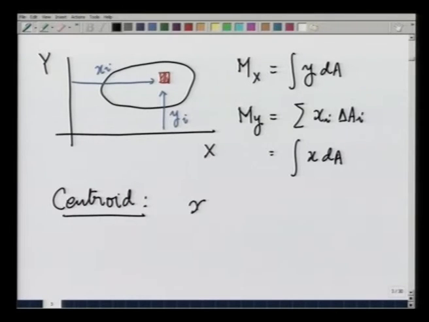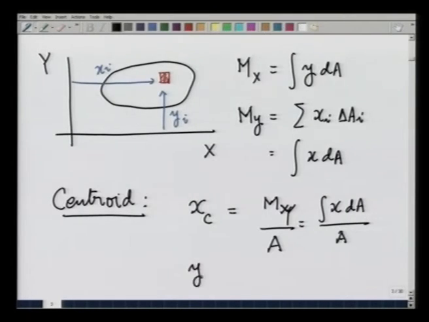Centroid coordinate x c is defined as first moment about the y axis divided by the total area, which is integral x dA divided by A, and similarly the y coordinate y c is defined as m x divided by A, which is integral y dA divided by A. Now, let us do certain examples using these definitions to calculate these quantities.